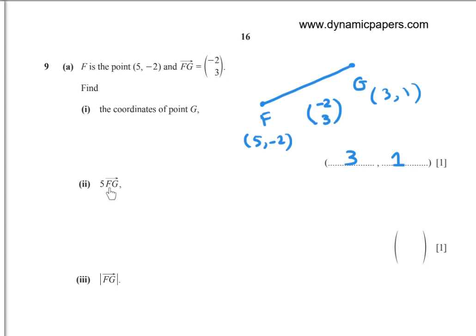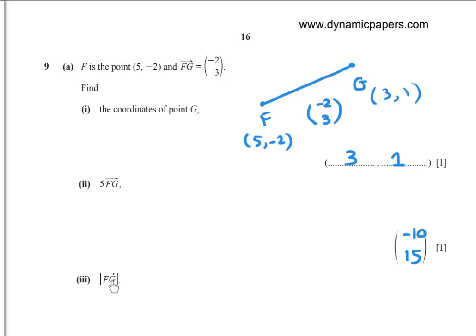Part ii, 5FG, so multiply FG by 5, multiply the x coordinate and y coordinate by 5, so 5 times negative 2 is negative 10, 5 times 3 equals 15. The magnitude of the vector FG.